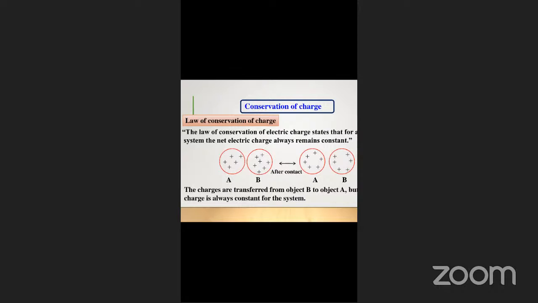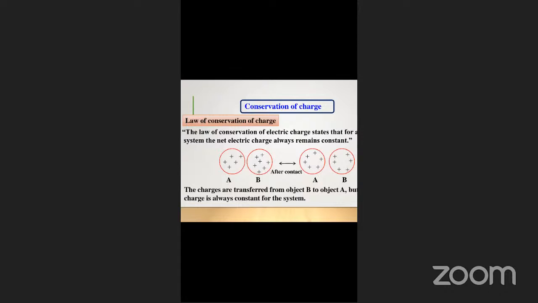You already have some idea. Gravitational force is the best example of a conservative force, and non-conservative forces are viscous force or frictional force. So, the law of conservation of charge.